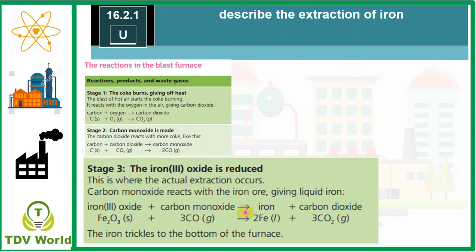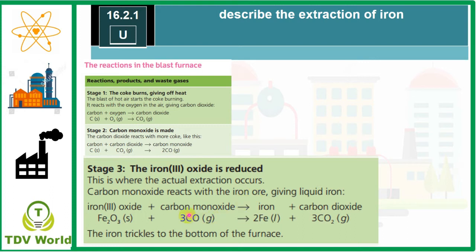Carbon monoxide reacts with the iron ore. What is the formula of carbon monoxide? That is CO. So it is going to react with iron ore, and specifically you have taken hematite iron ore, right?